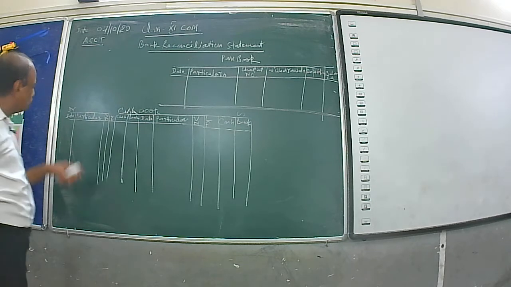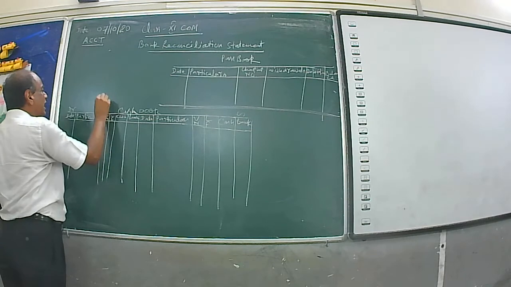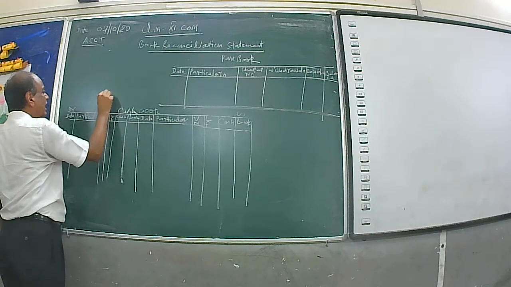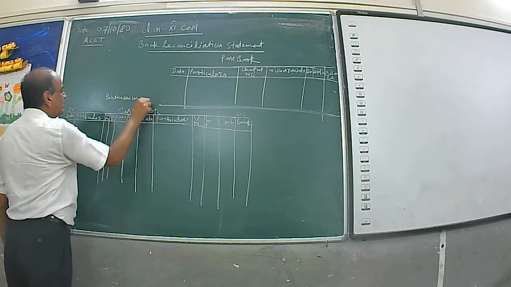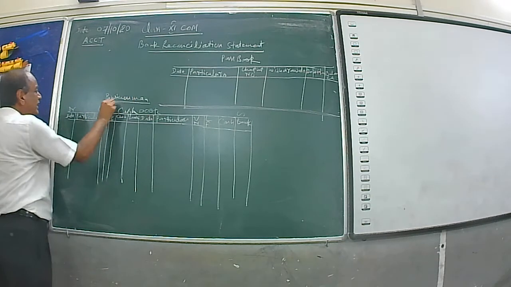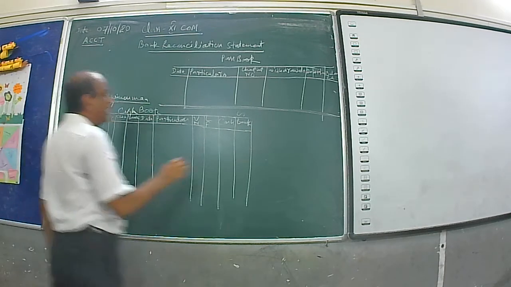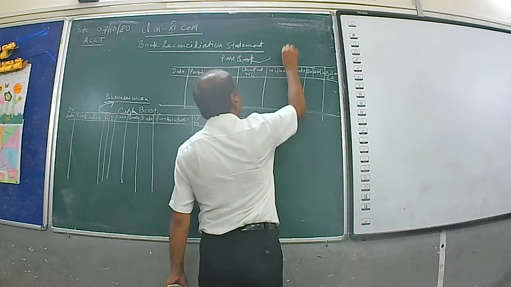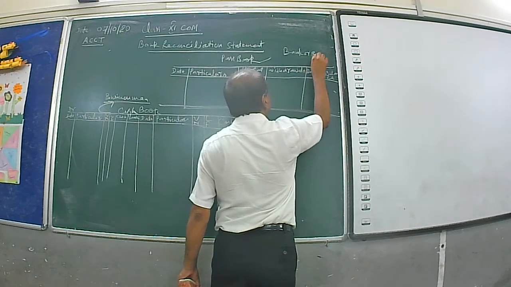Here I want to tell you that cash book is maintained by the account holder, or you can say businessman, and passbook is maintained by bank or banker.